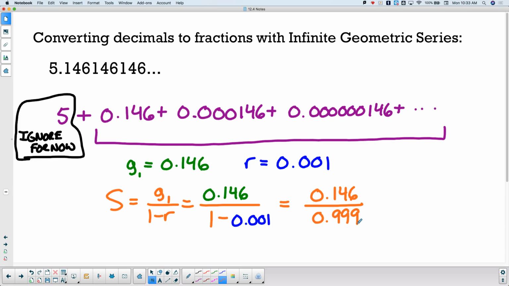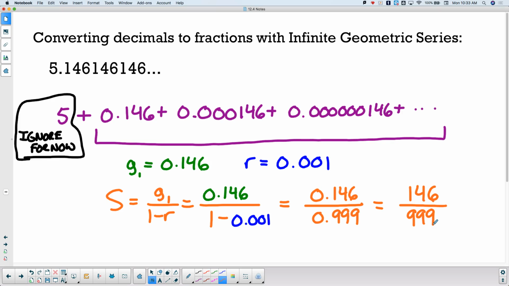If I multiply by 10, I get 1.46 over 9.99. Oh, 1,000. I'm going to multiply by 1,000 over 1,000, because remember, it's got to be equal to 1. Or I'm going to move the decimal point 3 spots to the right on the top and 3 spots to the right on the bottom.